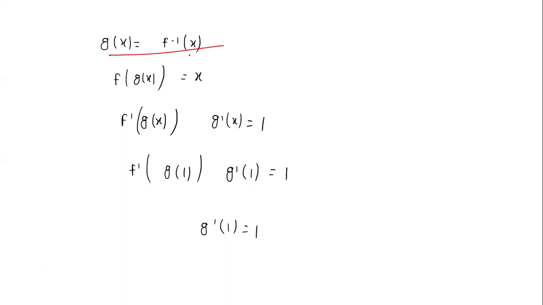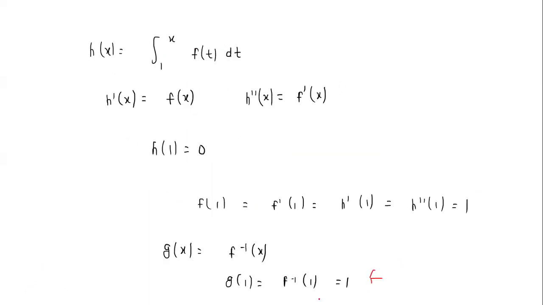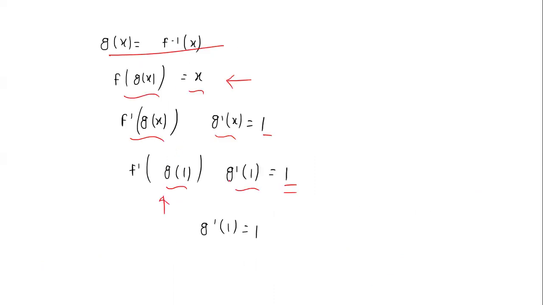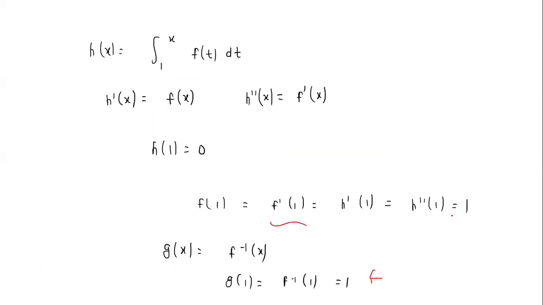Now we know g of x is the inverse of f of x, so we can say that f of g of x is equal to x. And f dash g of x times g dash x is equal to 1, if you differentiate this. And if you put x equal to 1, then you will get this is equal to 1. And from here, because we know g of 1 is equal to 1, this thing will become f dash of 1, and f dash of 1 value we know is equal to 1.